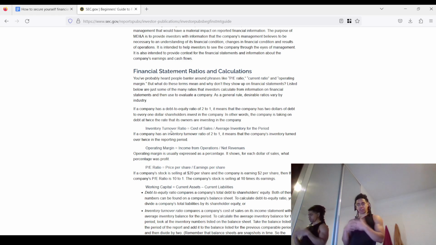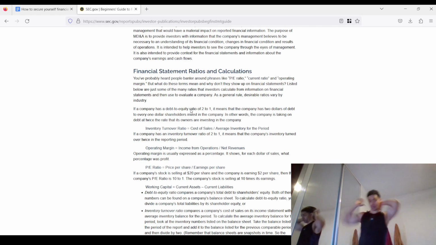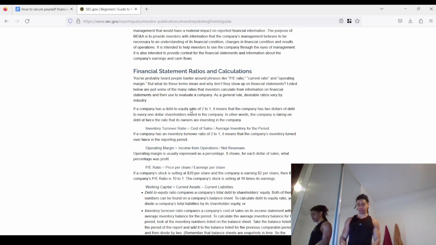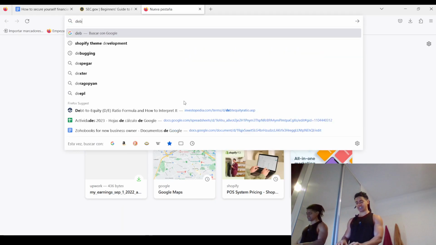First I look at the debt to equity ratio, which measures the degree to which a company is financing its operations with debt rather than with its own resources. And this metric is especially crucial in the financial sector.